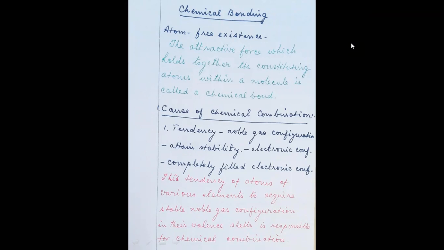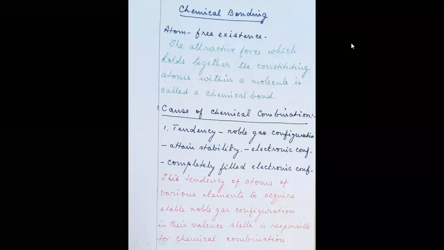The attractive force between the oxygen atoms is also called a chemical bond. Suppose I say nitrogen dioxide. The attractive force between nitrogen and the two oxygens is also a chemical bond. Hydrogen chloride: the attractive force between hydrogen and chlorine is also a chemical bond.